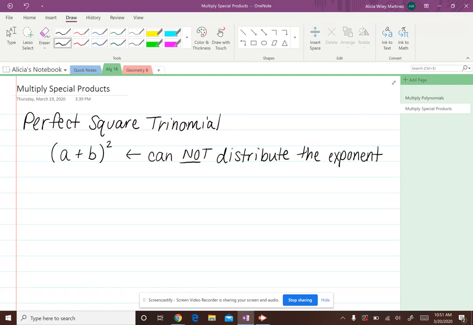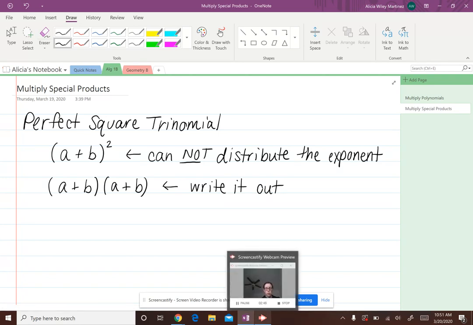You can only distribute if it's a monomial. This is a binomial. So the first thing you want to do is make sure to write it out. My algebra teacher once told me, when in doubt, write it out. So if you aren't sure if you can distribute the exponent or not, just write it out and multiply. So it's going to look something like this.